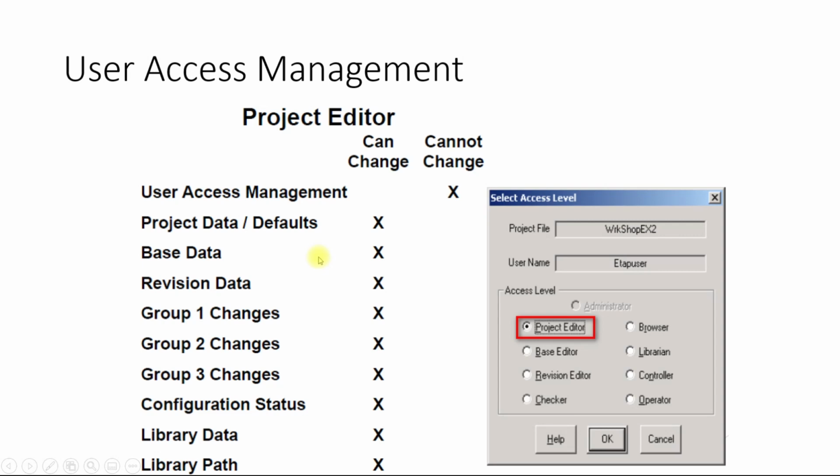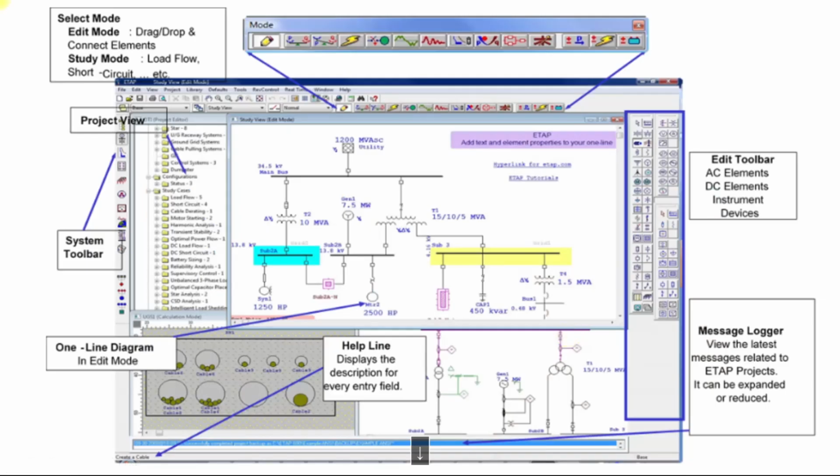In short, it can perform anything that is available in ETAP. It has the full capability, whereas the base editor cannot create a new project, but it can work with the base data and revisions and so on. So while studying ETAP or making a new project with ETAP, make sure that you select the right choice. Usually if you want full access, the project editor is the best choice.